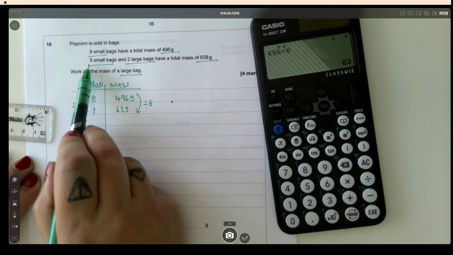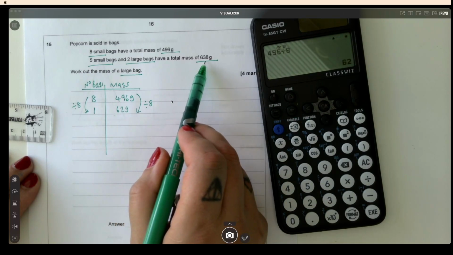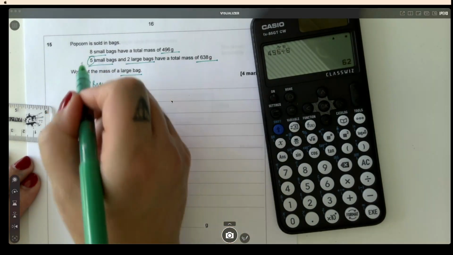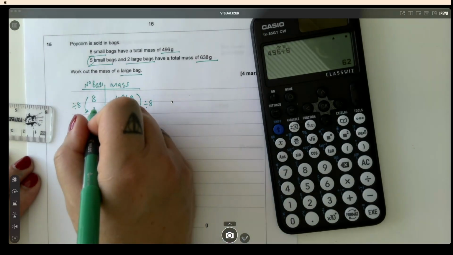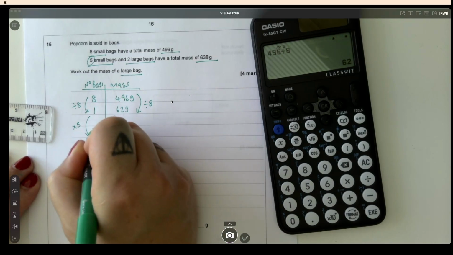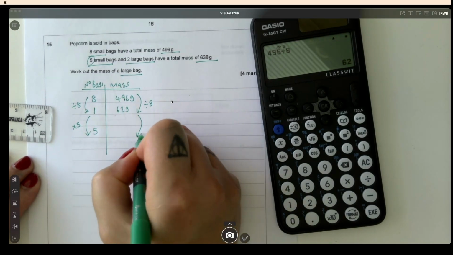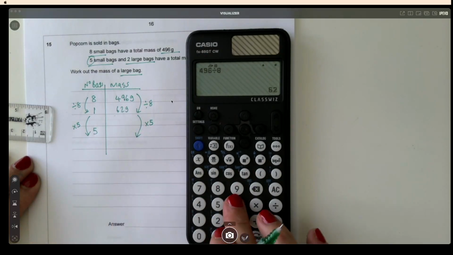So we're told that 5 small bags and 2 large bags have a total mass of 638 grams. Now I want to know how much 5 small bags weigh. Now I know what one small bag weighs, if I multiply that by 5, it will tell me what 5 small bags weigh. So the weight of one bag, 62, multiplied by 5.